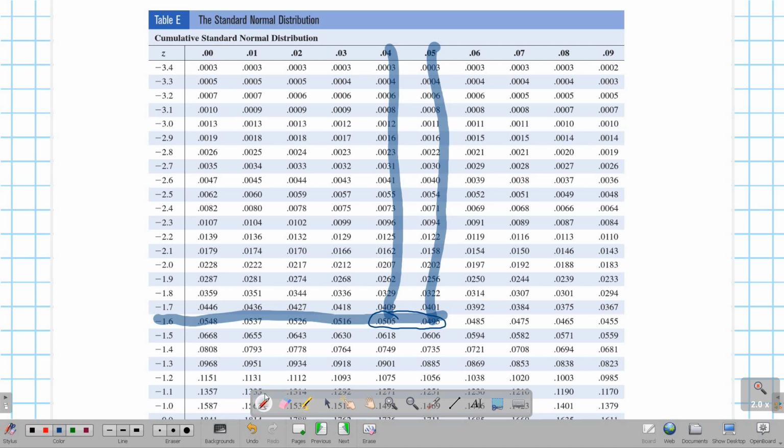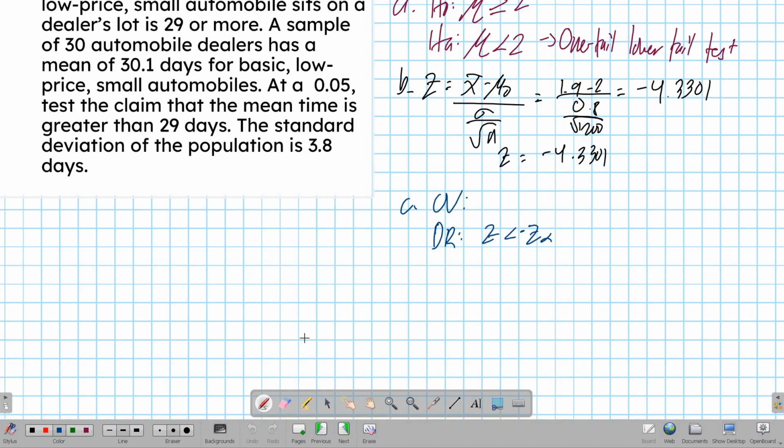So based from that, negative z of 0.05 should be negative 1.645. We got the 1.645 by getting the average of these two. So now going back, we get our negative z alpha as negative 1.645.